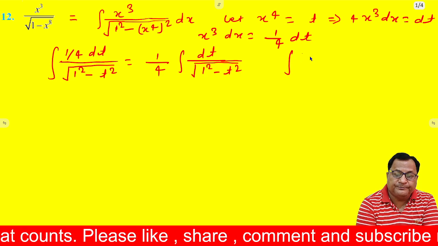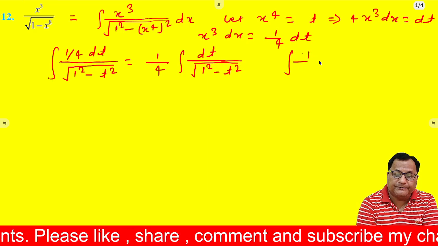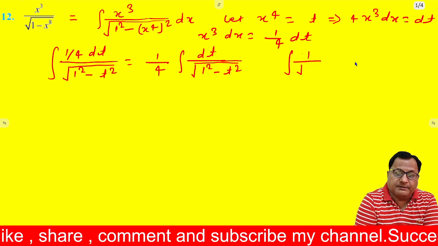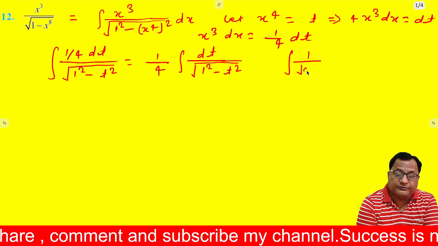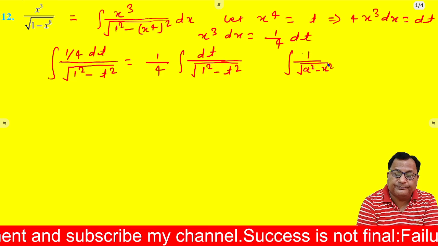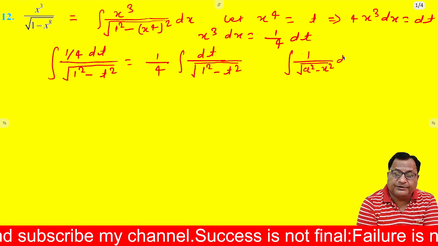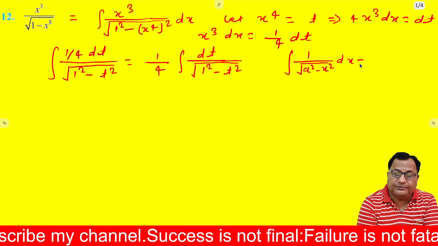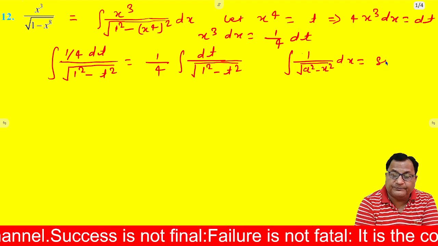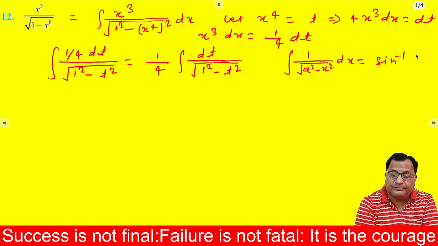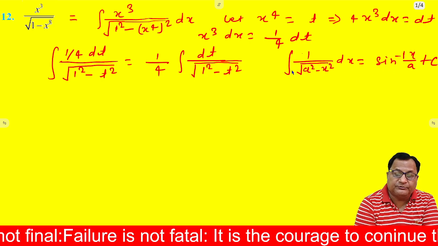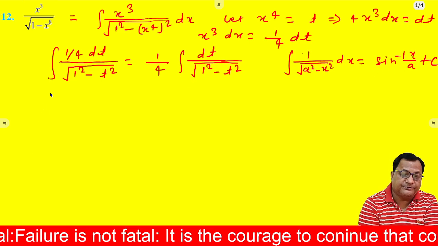Integration of 1 by square root of a square minus x square dx is equal to sine inverse x by a plus c. So using this formula we will integrate this.